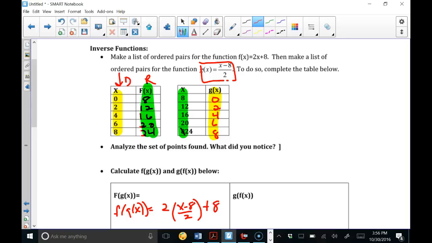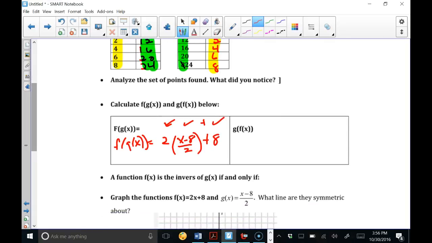Think about this: f of x is 2x plus 8, and our input now for x is x minus 8 over 2. The 2's are going to cancel. Minus 8 plus 8 is 0. So we're going to be left with just x.